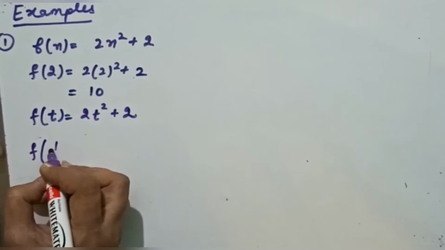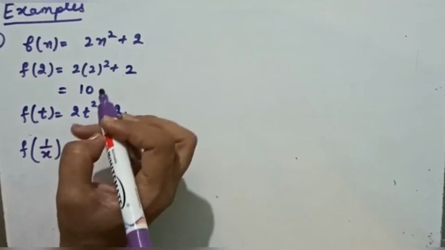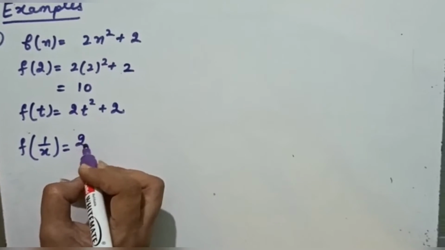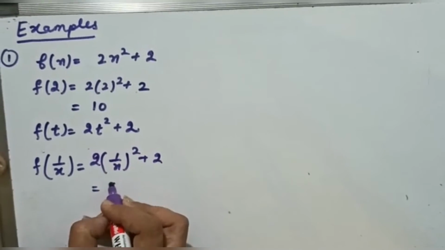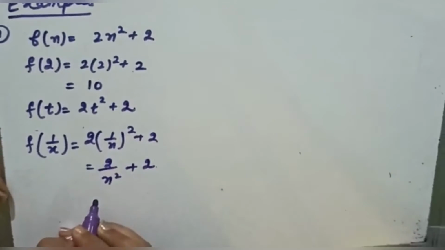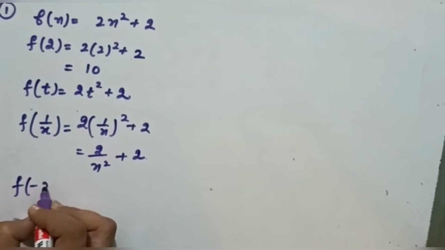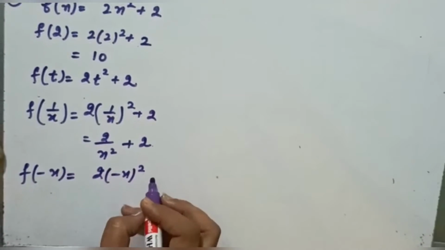Same if we want to calculate f of 1 by x. f of 1 by x means replace x by 1 by x. That means 2 upon x square plus 2. Same if we want to calculate f minus x. Replace x by minus x.